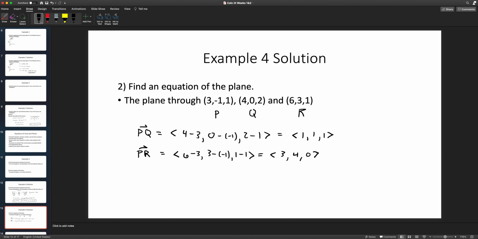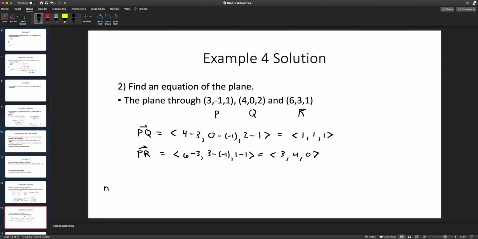We found 2 of these vectors in component form, and what we'll need to do is find the orthogonal vector, the normal vector, to these 2 vectors. So we're going to have to use a 3 by 3 determinant.